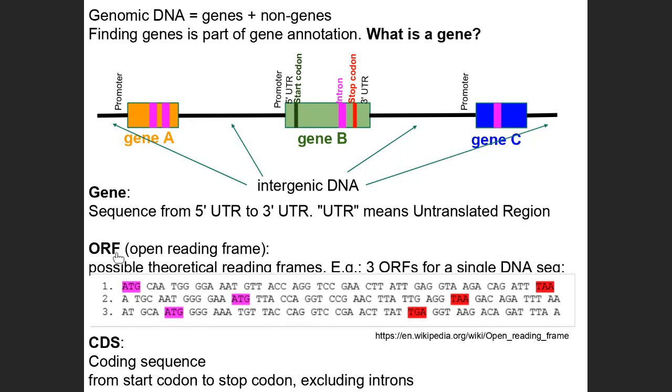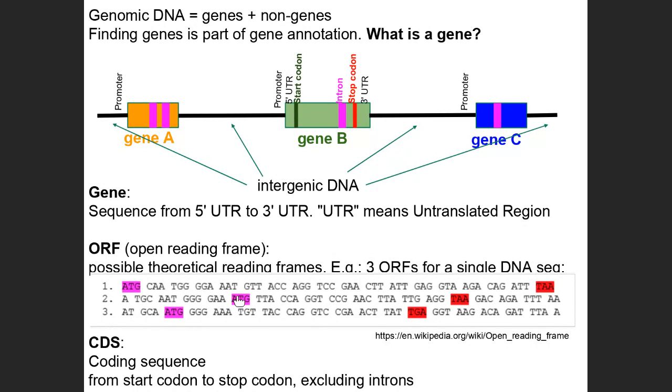Okay, so sometimes you see this thing called an open reading frame. Sequences 1, 2, and 3 are the same sequence, but it depends on which frame you're reading. The first one might actually be a protein, well, a peptide, which is pretty short, just to fit in here.